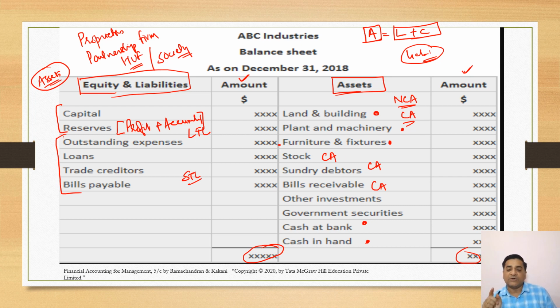One would be to distribute that to the owners of the organization like the dividend. The other would be keeping that for the further growth and development of the organization, which is called retained profit. So the total of retained profit of the current year and the past years would be shown as reserves.